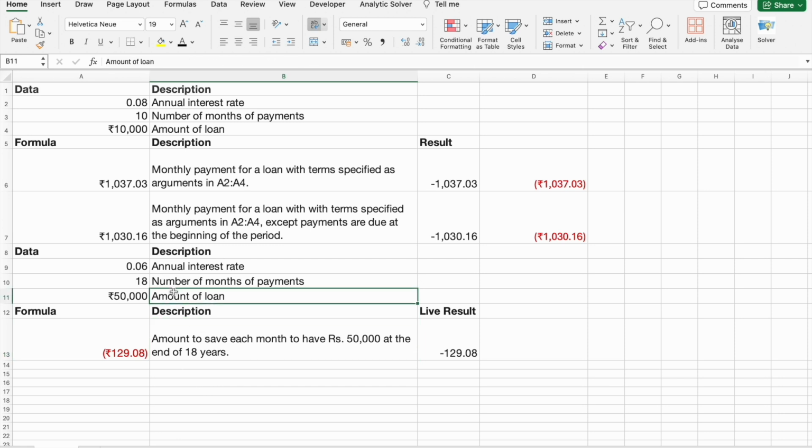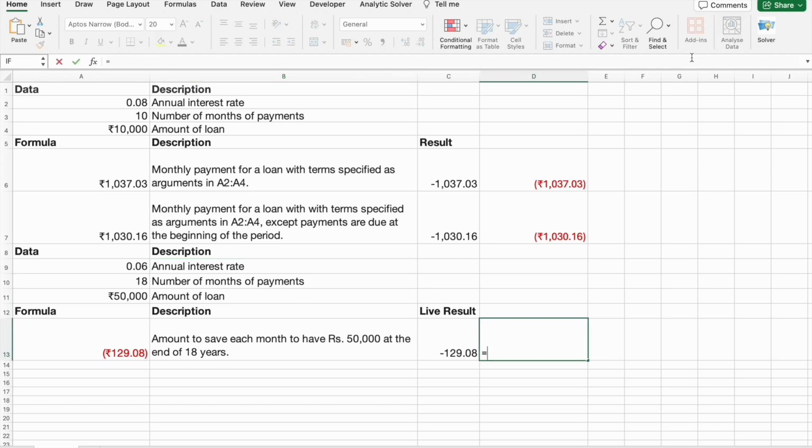So for that, what we have to do is, here I'm using a PMT function. First of all, we have to select the interest rate, which is 6% here, divided by 12. Then we have the number of years, which is 18. We have to multiply it by 12.